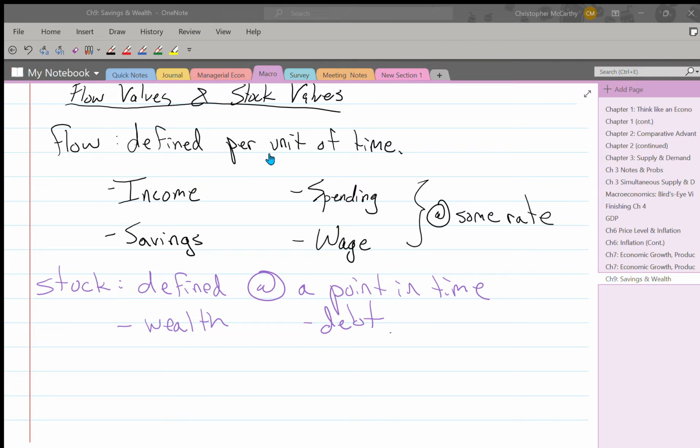So the debt is the stock. That's the thing that's increasing. The deficit is the thing that is the flow. So every year, this national debt, which is at $28 trillion, $28.8 trillion, every year it's going up by $3 trillion.